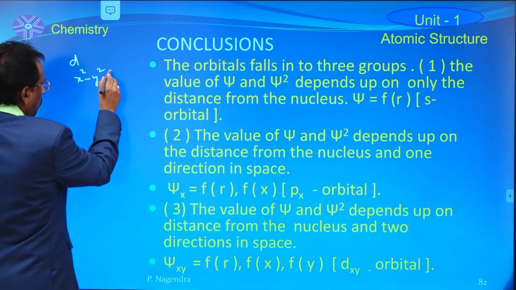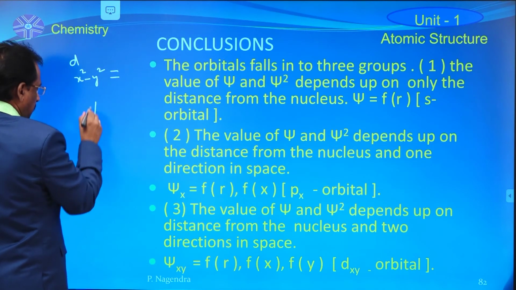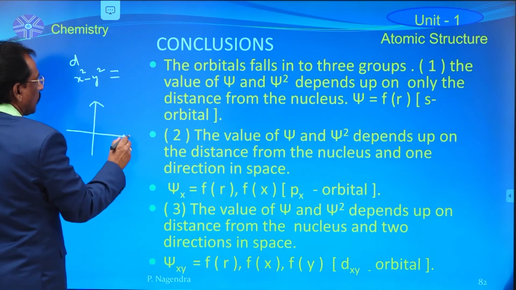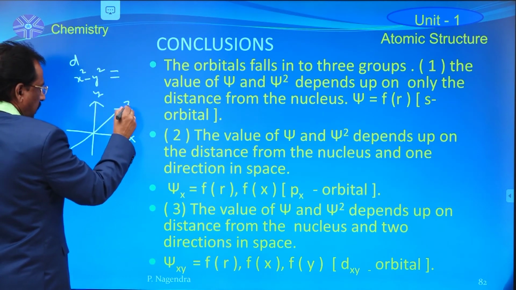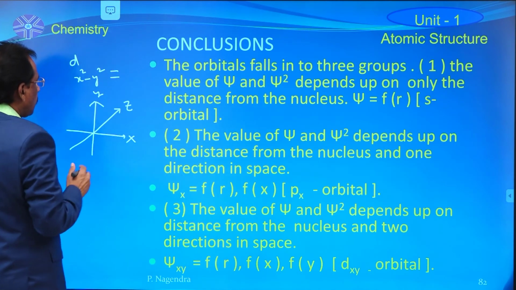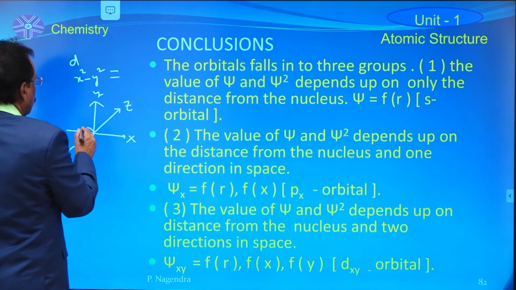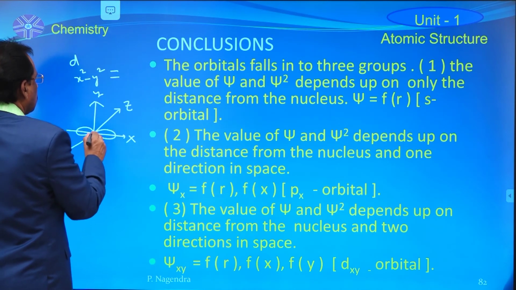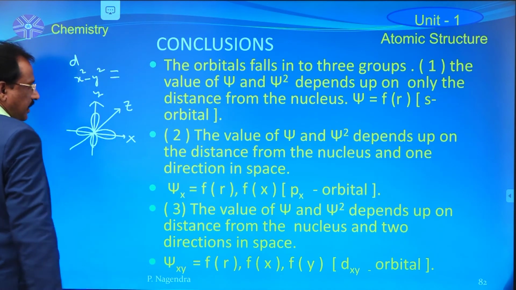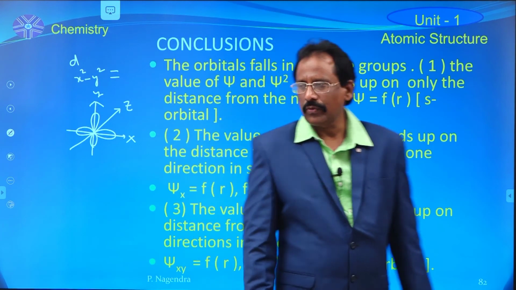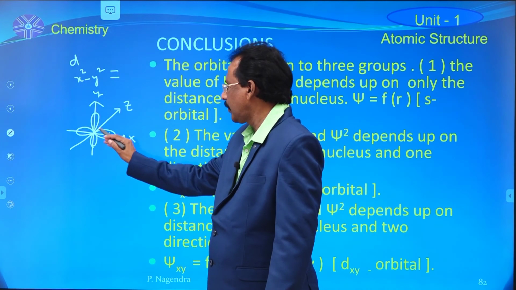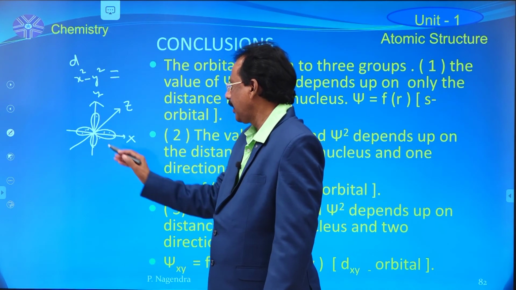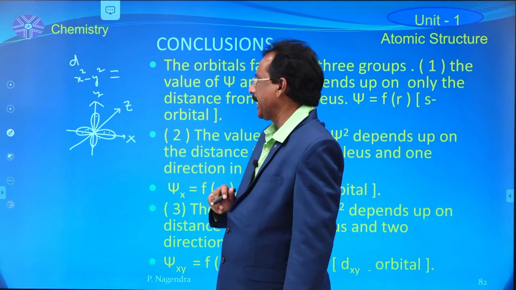The shape is like this. This is x and this is y, and if it is z direction, in dx square minus y square, 4 lobes are concentrated along the axis like this. In dx square minus y square orbital, 4 lobes are concentrated along the x and y direction.